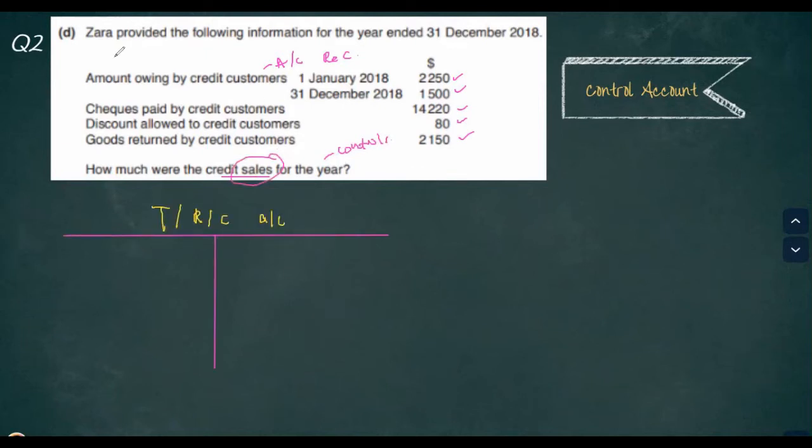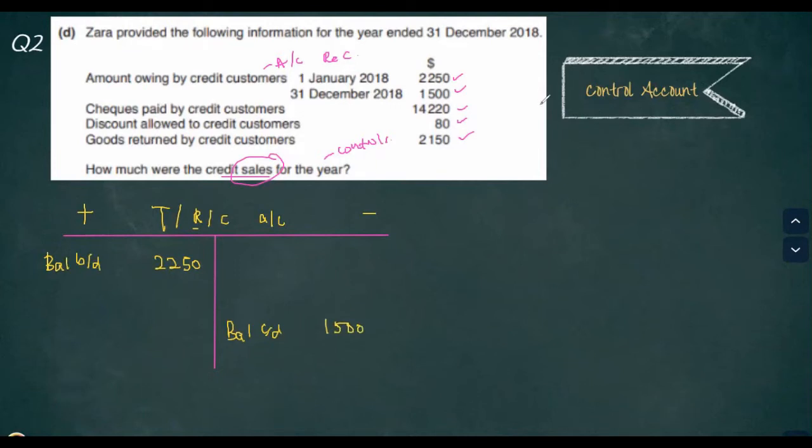Right now, because this is a trade receivable control account, it increases on the debit side, decreases on the credit side, and since it's an asset account, balance brought down should be on your debit side. So your balance brought down is 2,250. Now balance carried down will be 1,500 on the opposite side.